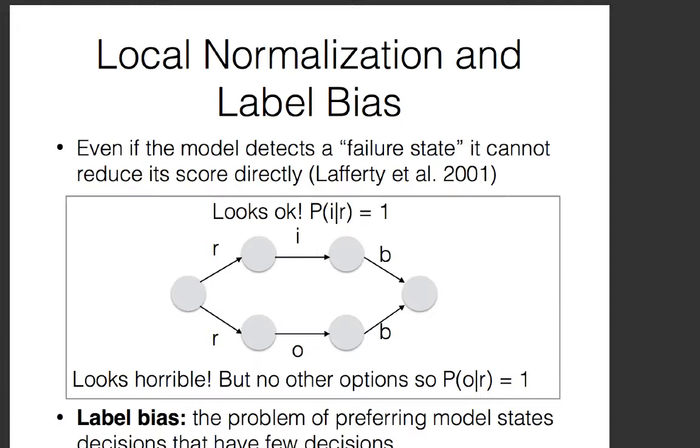Let me give some concrete scores here. So let's say the score of B in this context is 5, and the score of R in this context is also 5. The score of A in this context is 2, and the score of U in this context is 1. And then the score of E in this context is minus 20.